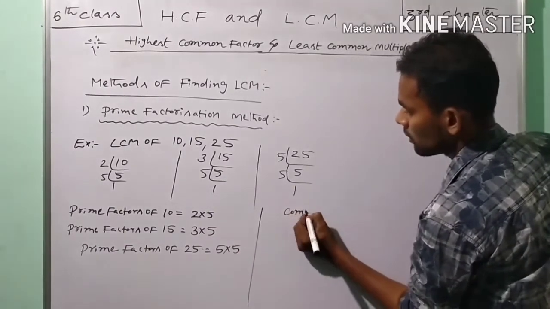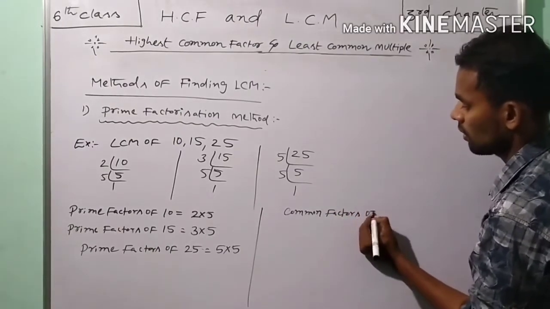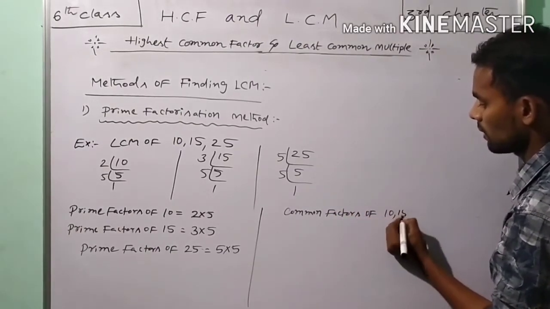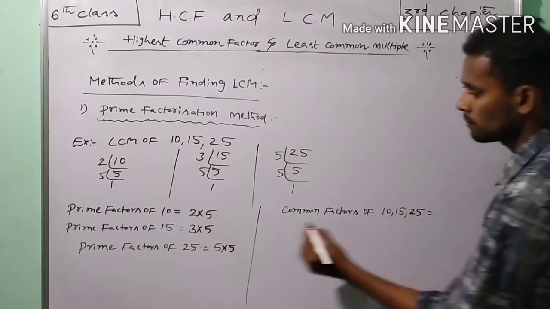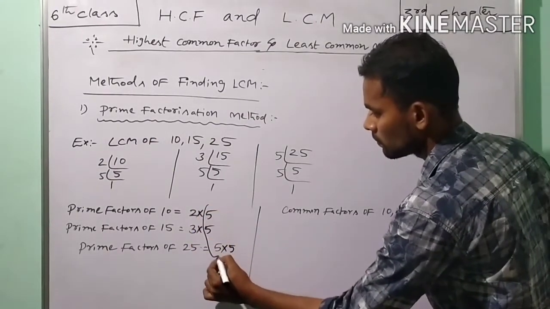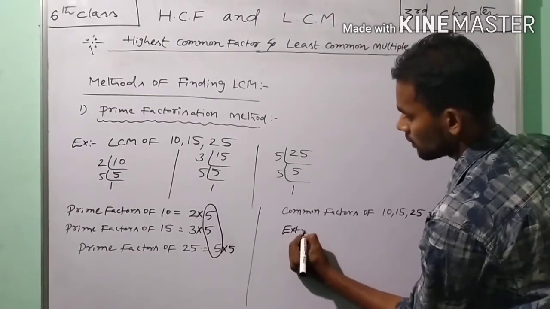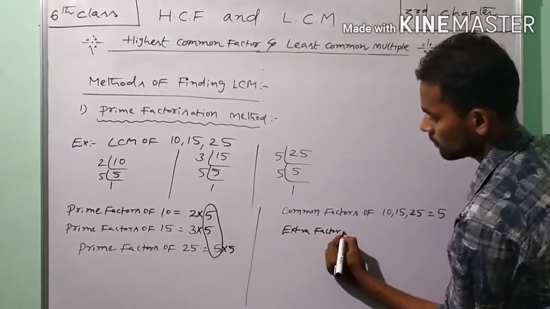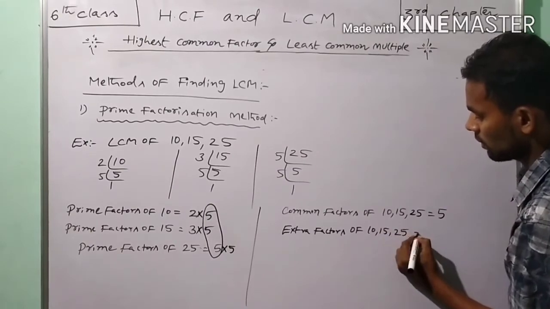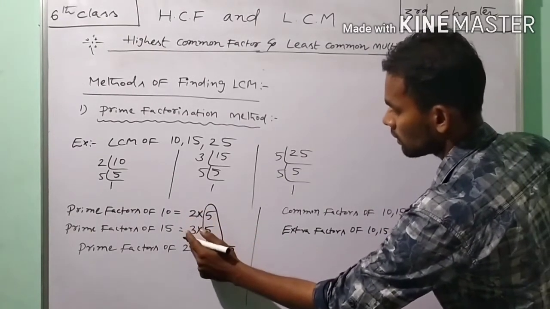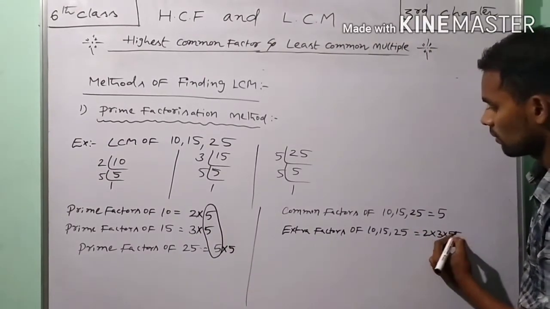Common factor of 10, 15, 25 equals 5. Extra factors of 10, 15, 25 equal 2 and 3 and 5: 2 into 3 into 5.